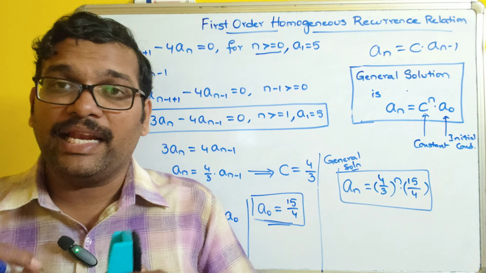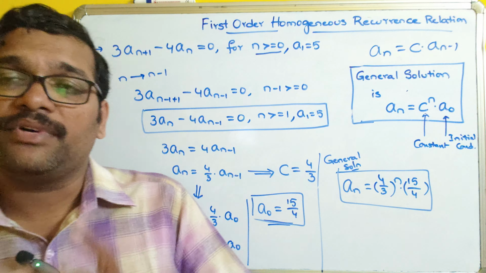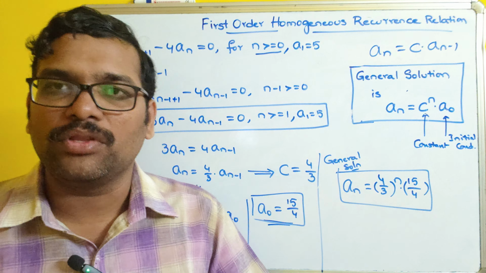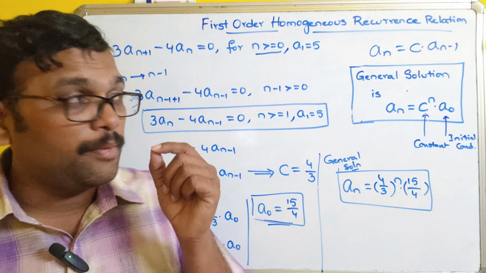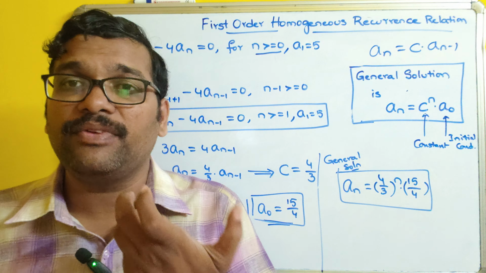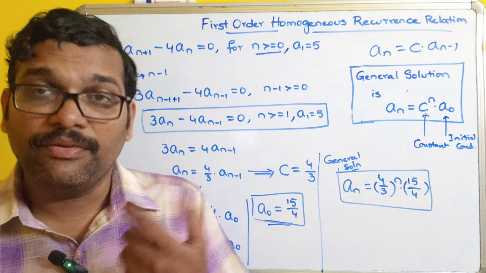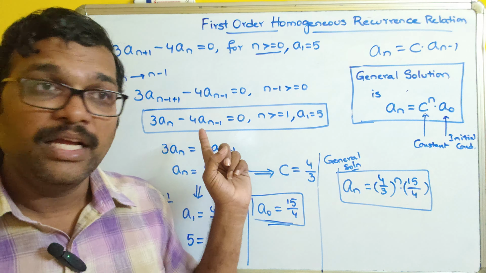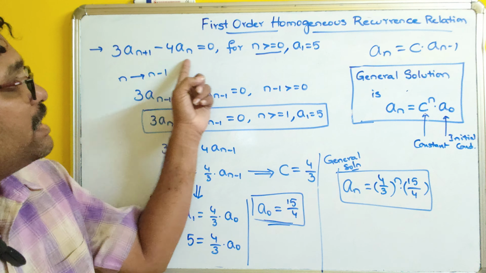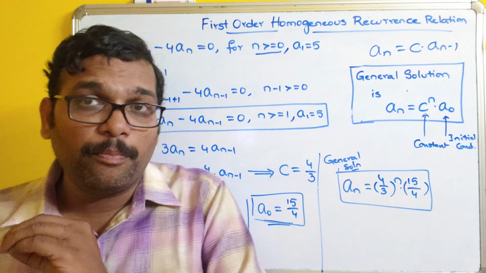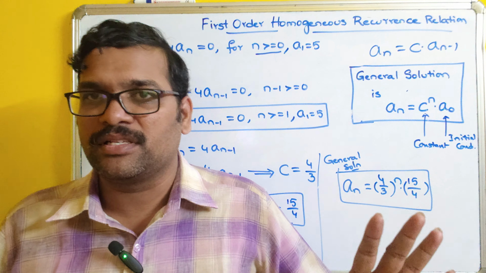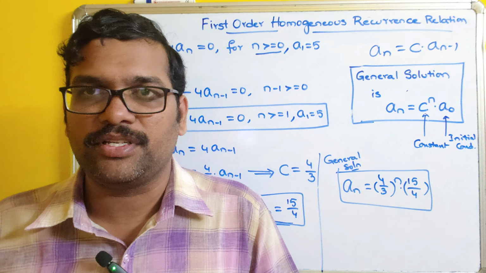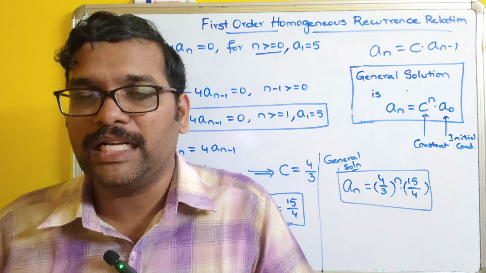Whenever an equation or any relation is given, first we have to find out the order of that particular recurrence relation, and we have to follow the procedure, because coming to the second order and the third order, the procedure will be somewhat different, even for non-homogeneous recurrence relations also. So this is all homogeneous, because for any recurrence relation we have solved so far, there are no powers, there are no multiples. Only linear terms will be there, the combination of linear terms without powers as well as without multiples.